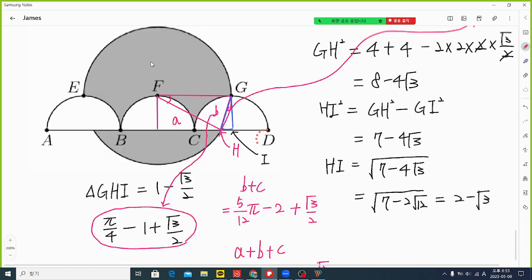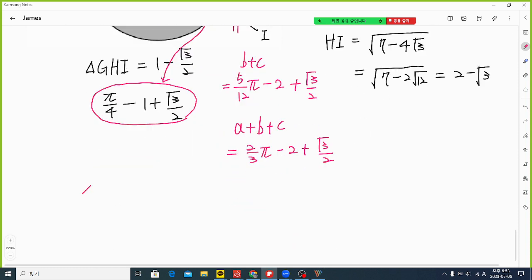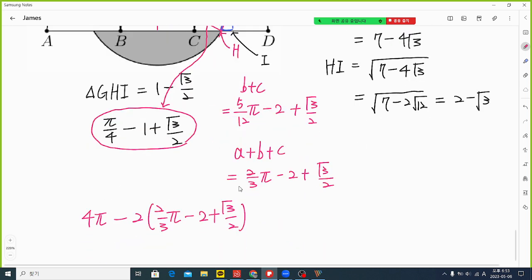And the reason we want this is to subtract 2 times this area from 4 pi.